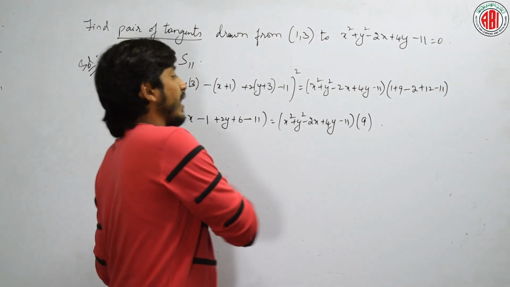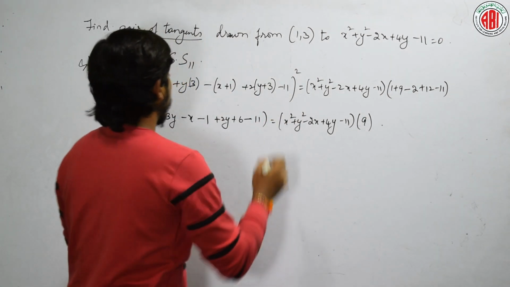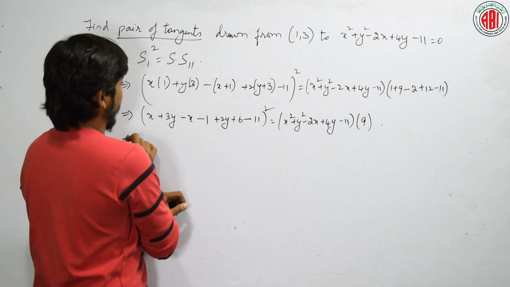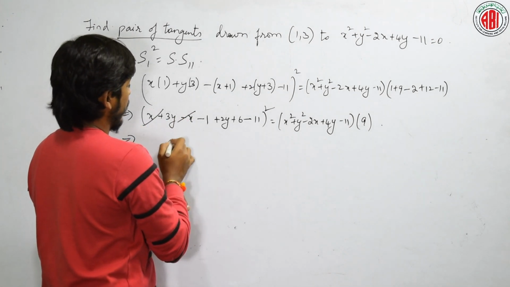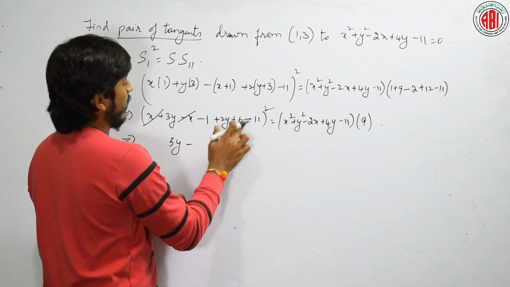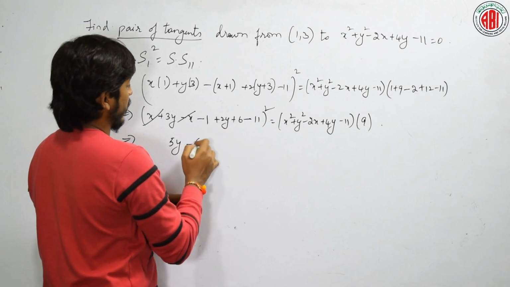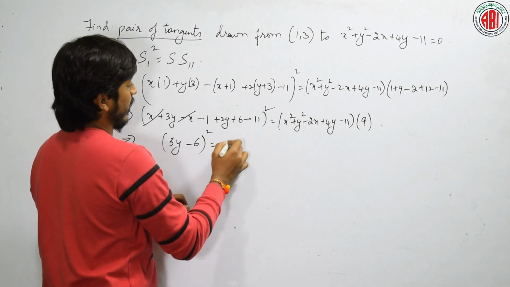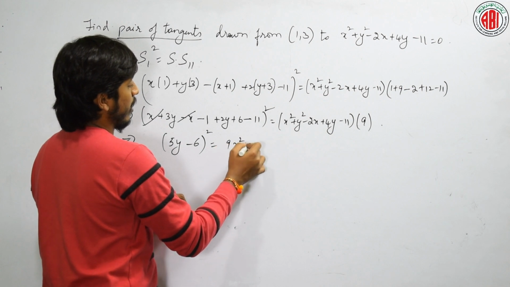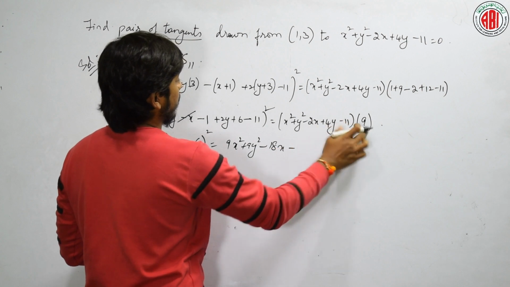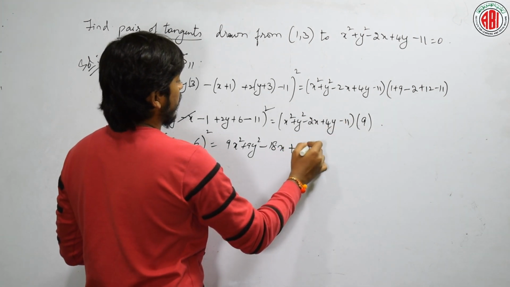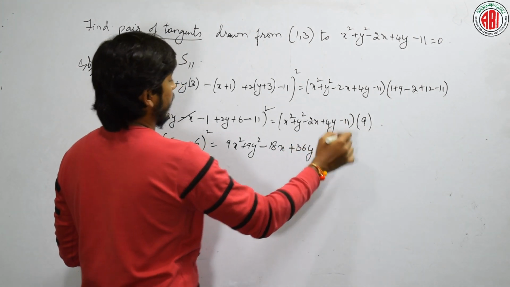Okay, let us simplify and solve it. This is a whole square, do not forget, this is the main parameter here. These both will get cancelled. 3y plus 2y is 5y, and here 6 minus 12, that is minus 6, whole square, and here it is 9x square plus 9y square minus 9 2s are 18x, 9 4s are 36y minus 99.